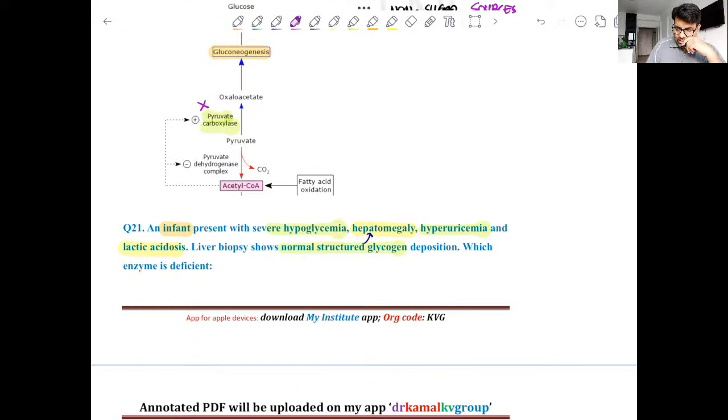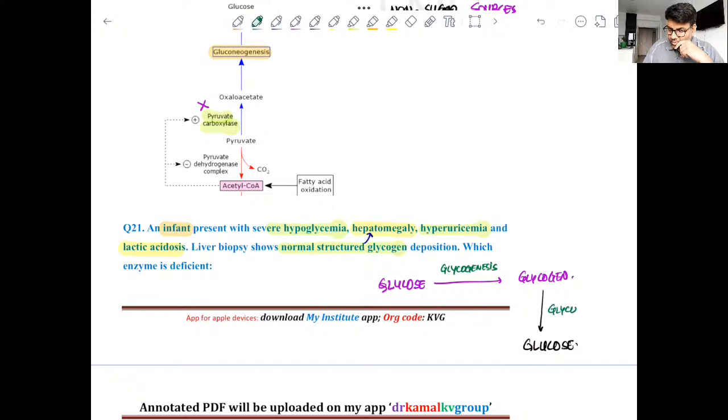Normally what happens is excess glucose is stored as glycogen. Clear? And when there is need, this glycogen is again broken down into glucose. So this pathway is known as glycogenesis, there is formation of glycogen, and this pathway is known as glycogenolysis, breakdown of glycogen.